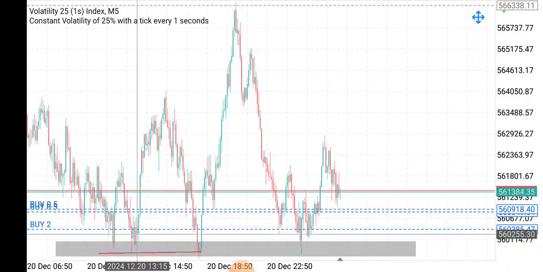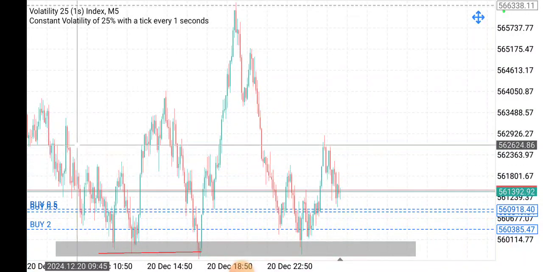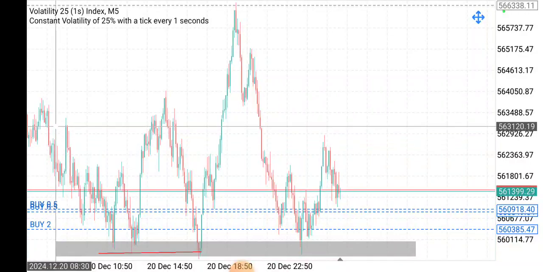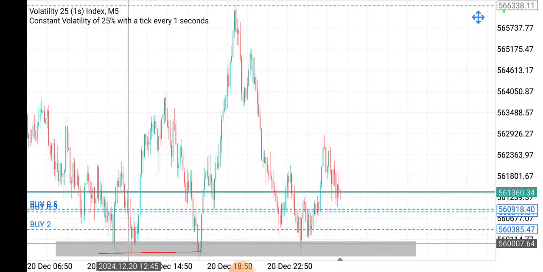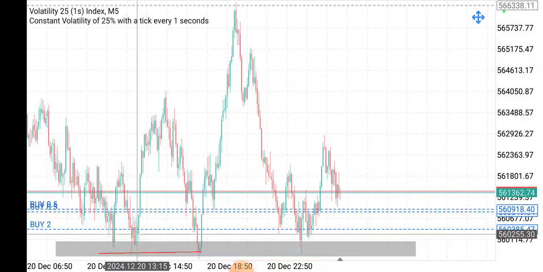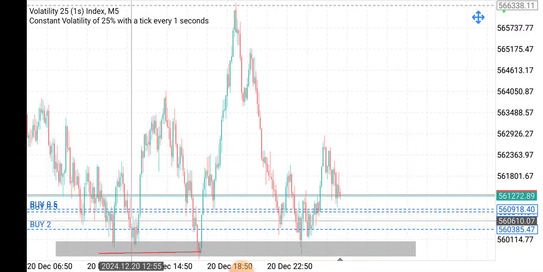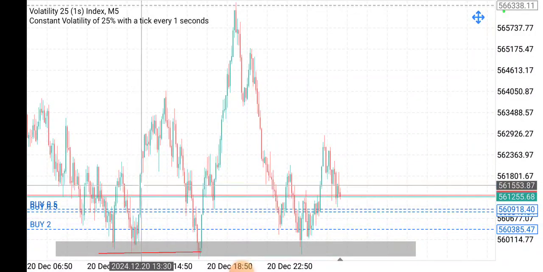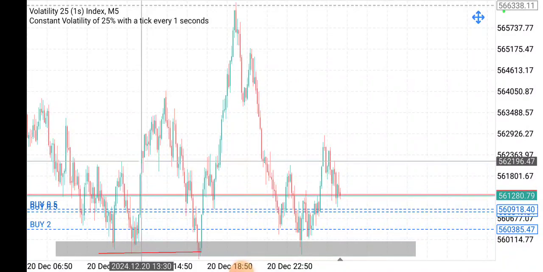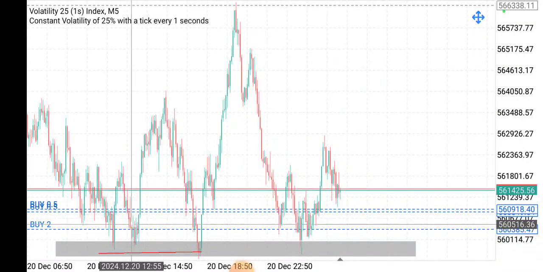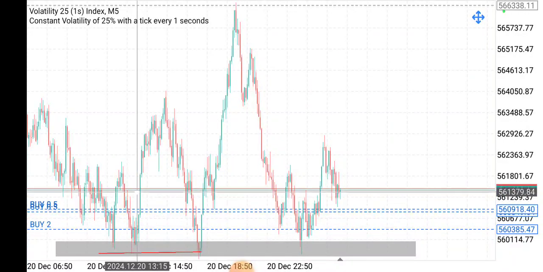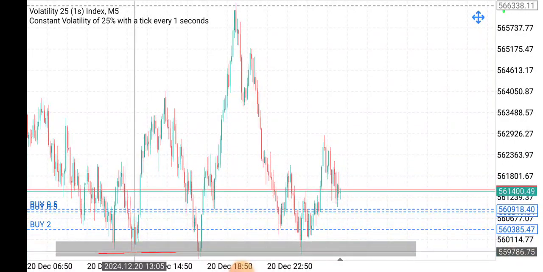For instance, in this scenario, the market was coming down, forming lower highs and lower lows. It came all the way down here. Then what happened? There were 3 bullish momentum candles here. 1, 2, 3. So the last bearish candle before these three bullish momentum candles is an order block.